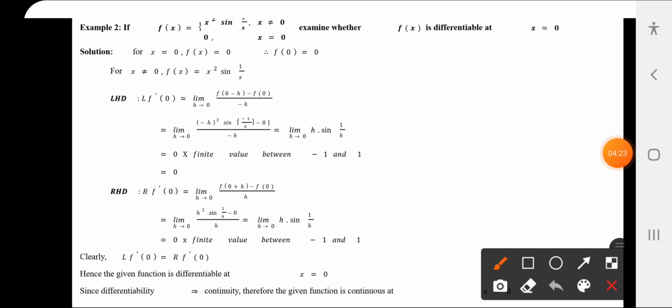You observe that the left hand derivative is 0 and the right hand derivative is also 0. So here you see 0 into a finite value between minus 1 and plus 1, and here also 0 into a finite value between minus 1 and plus 1. Both exist, both are equal to 0, and hence the function is differentiable at x equal to 0.